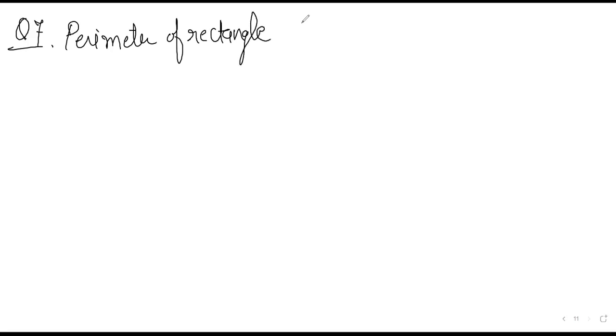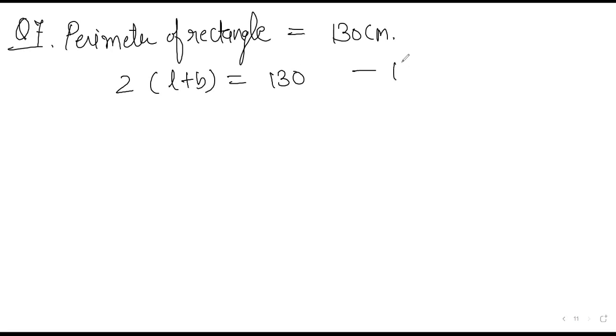Let us move on to question number 7. The perimeter of a rectangle is 130 centimeters. Okay, so it is very easy. Perimeter of rectangle means 2(L plus B) is 130. This is the first equation, right?